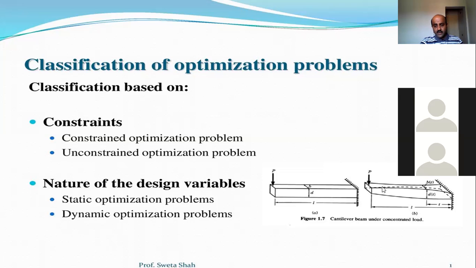But in the second case, D is a function of t, meaning both the depth as well as the width are functions of time, so they depend upon time. Here the two design variables are width and depth. If the width and depth are functions of time, then it is said to be a dynamic optimization problem.